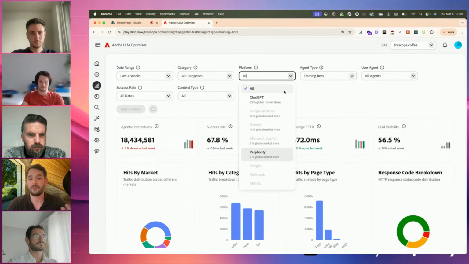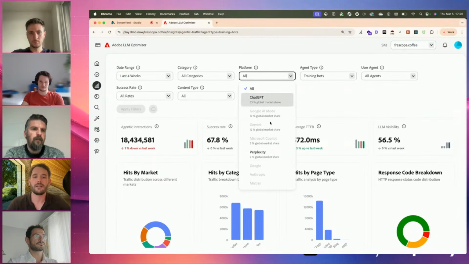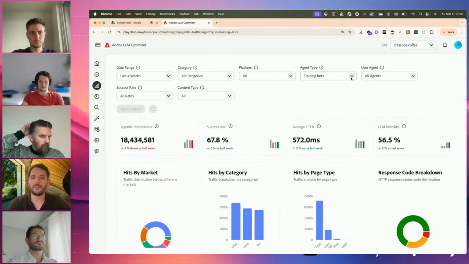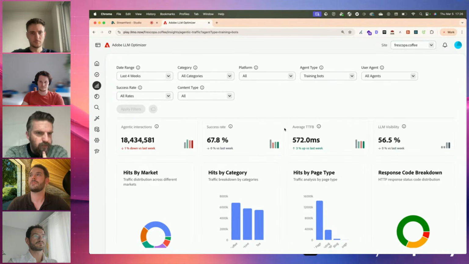As I said, we are limited a little bit on that demo account, but on a full-blown account, you would see all those different platforms available with different types of agents. So you can see how many times ChatGPT, for example, tried to access your website for learning, for retrieval, or to actually get a link on your website and then give it back to an end user.